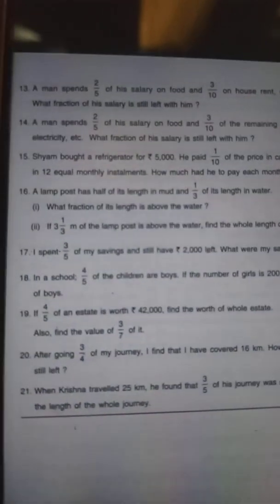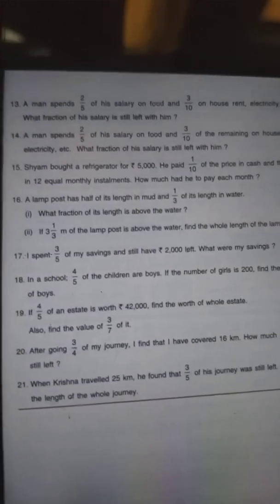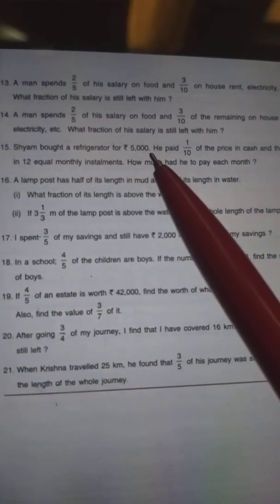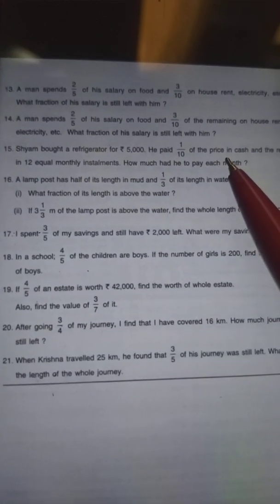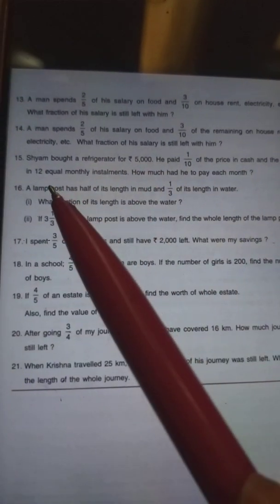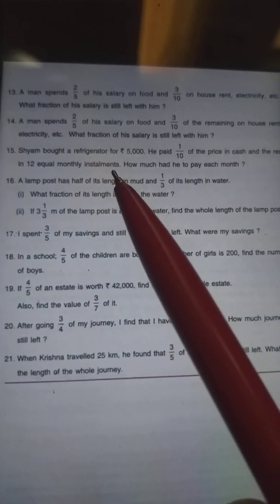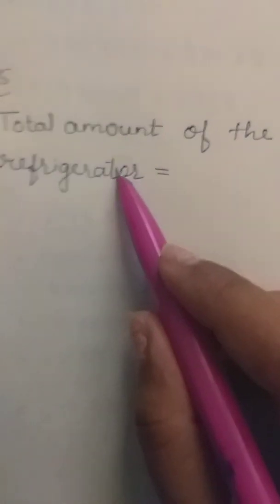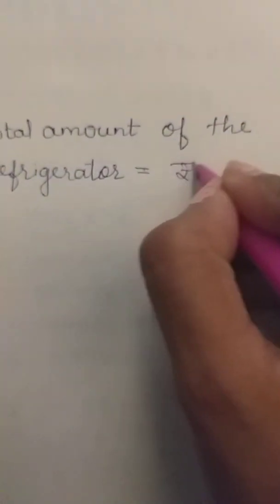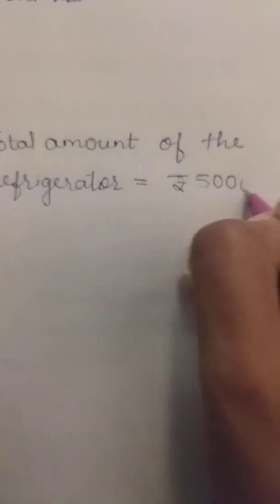Question number 15. Shyam bought a refrigerator for rupees 5,000. He paid 1 by 10 of the price in cash and the rest in 12 equal monthly installments. How much had he paid each month? So here the total amount of the refrigerator is equal to rupees 5,000.